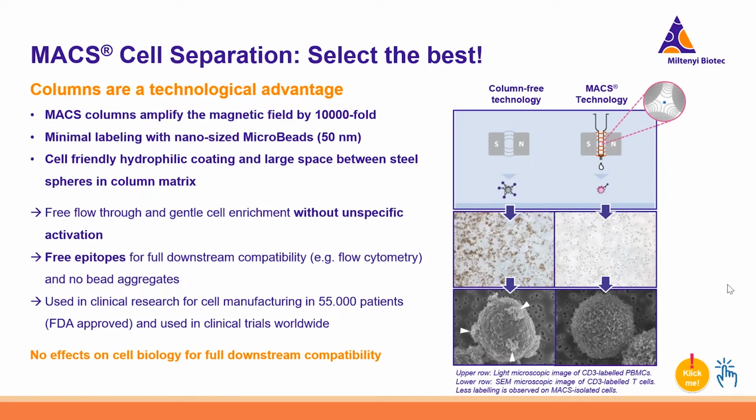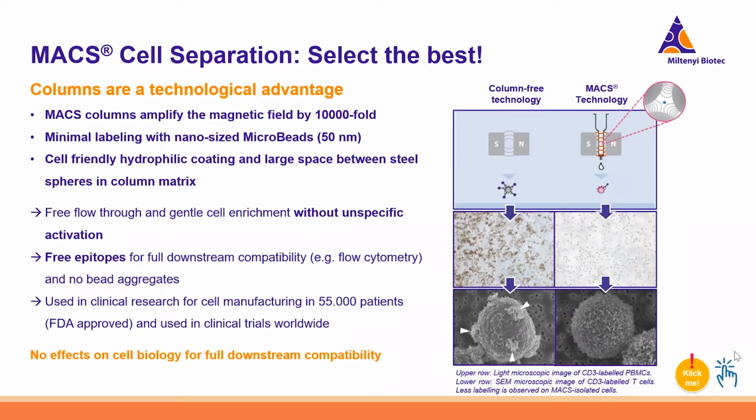So, as thousands of publications prove, the isolated T cells are fully suited for any downstream application, including flow analysis. Thereby, MACS MicroBeads were even approved by the FDA to be used in a specific clinical setting. It is important to note that the column allows for the most gentle sorting, since there is a large space between the steel spheres of the column matrix, with about 20 times the size of a lymphocyte.